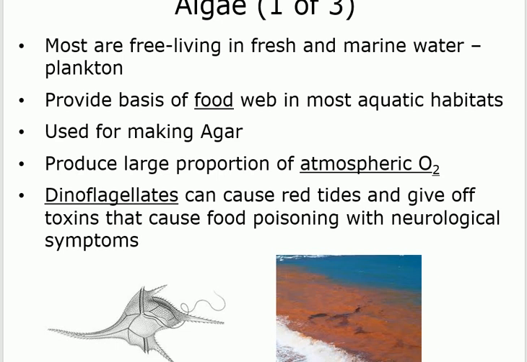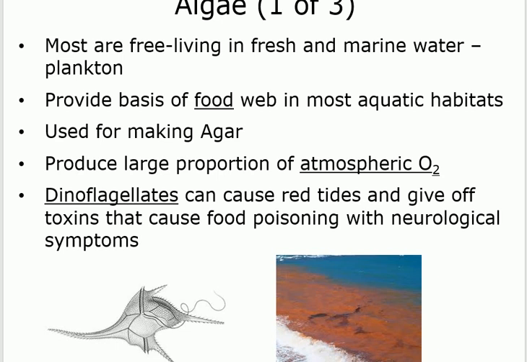This is a type of protist that's called algae, and it's which algae specifically? Dinoflagellates. We're not going deeper into the algae, but this type is important to remember.